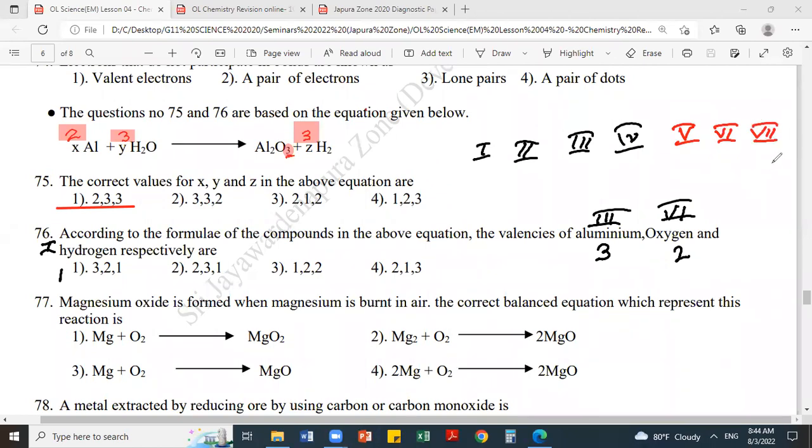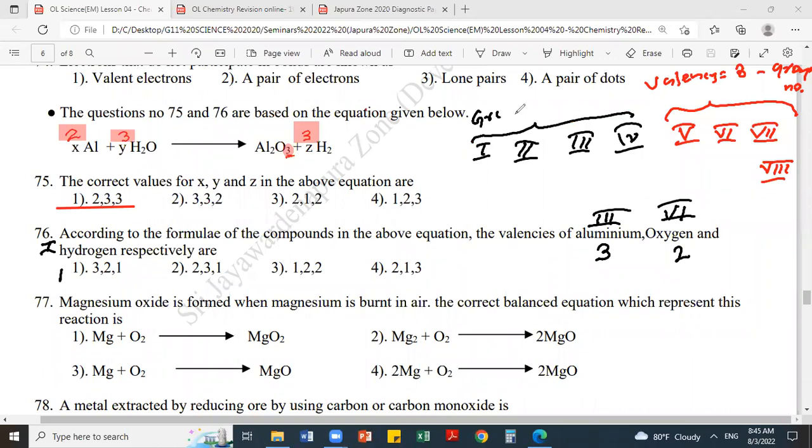They can have multiple valencies also, especially groups 7 and 6. Here, for group 1 to 4, valency equals group. Group 1, valency 1. Group 2, valency 2. Group 3 elements, valency 3. Group 4 elements, valency 4.